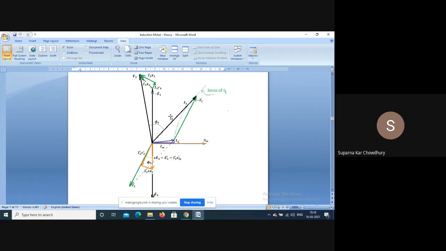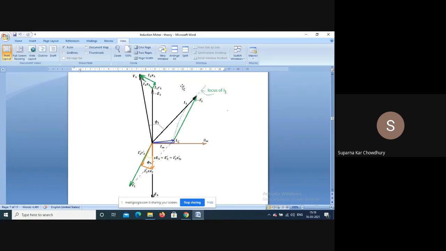So V1 I1 cos Phi1 is equal to E1 component of voltages, minus E1 into cos of the angle between this, I1 R1 into I1, these are in phase, and I1 X1 and I1 are at 90 degrees, so that component will be 0. So the power is minus E1 cos of this angle into I1 plus I1 R1 into I1, that is I1 square R1.